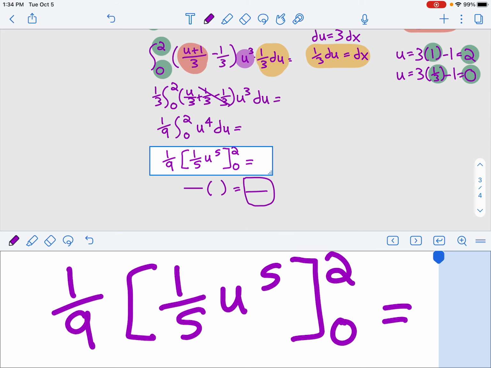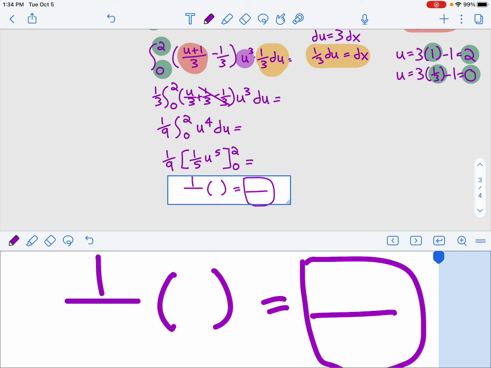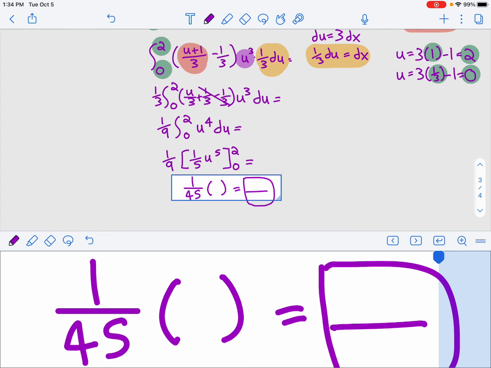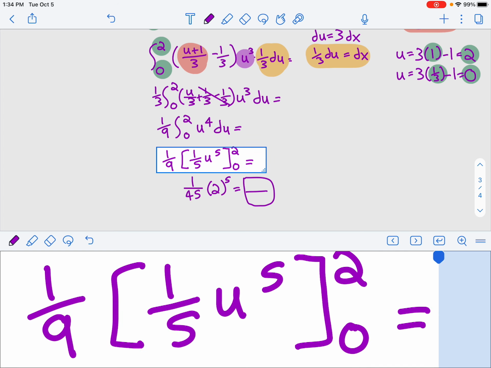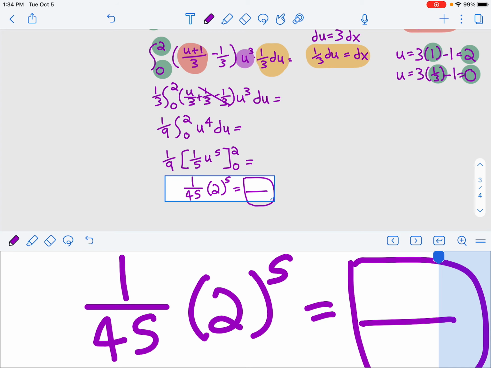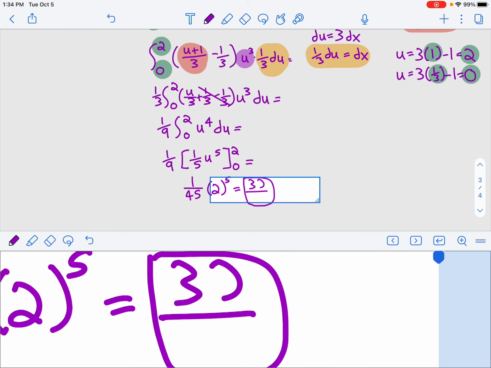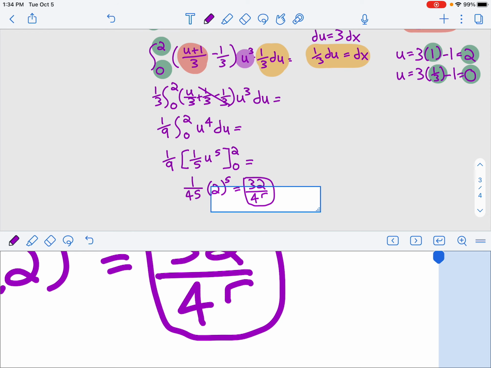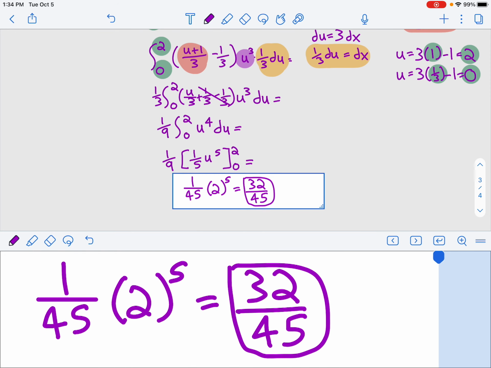And now 1/5 times 1/9 is 1/45. When I plug 2 in for u, I get 2 to the 5th power. And when I plug in 0, that whole part's going to drop out, since 0 to the 5th power is 0. So it's just 2 to the 5th power, which is 32. So I get 32/45, and that's my final answer.